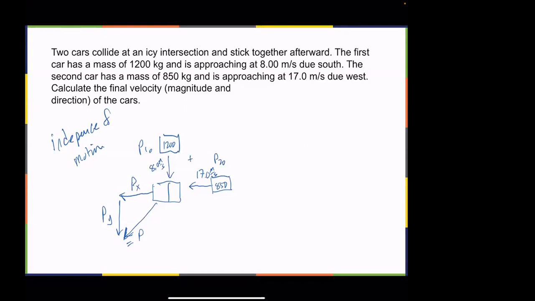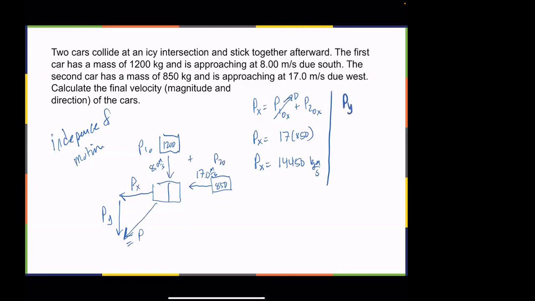So Px is made up of P1 naught x plus P2 naught x. Well, this is 0. So Px just equals 17 times 850, which is 14,450 kilogram meters per second.